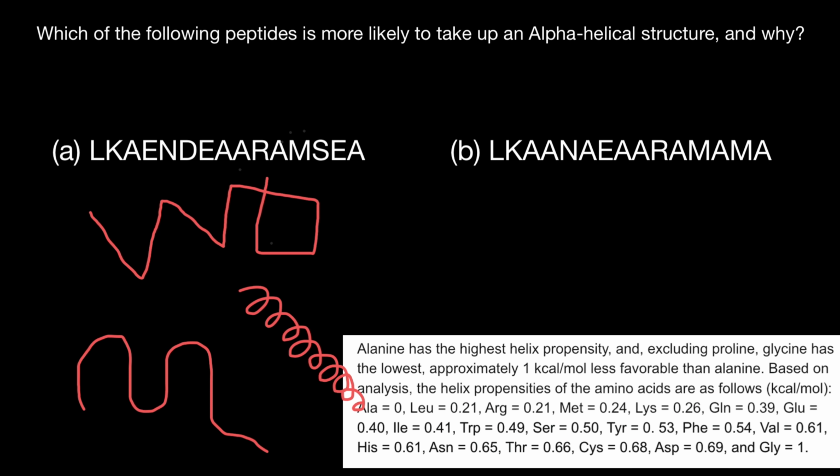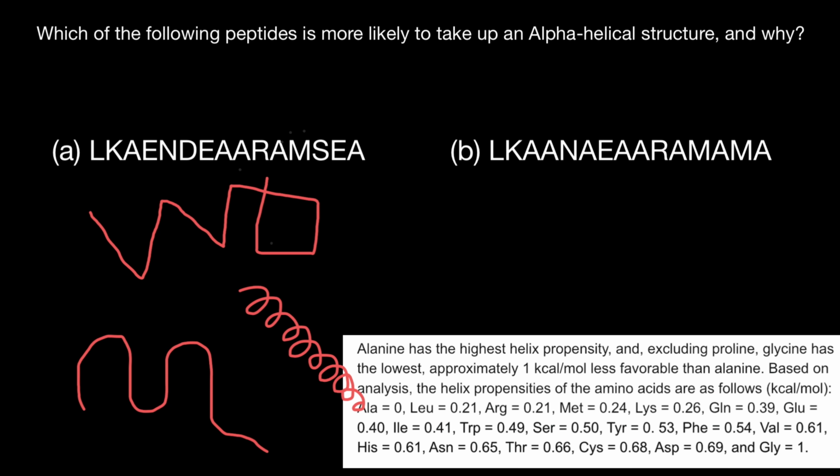Do you remember that glycine is the most flexible amino acid, and it's unlikely that we can find it in the middle of the polypeptide chain. But glycine still can be found here, while proline probably cannot. It is even absent from this table because proline, a very rigid structure, disrupts hydrogen bonding in alpha helices.